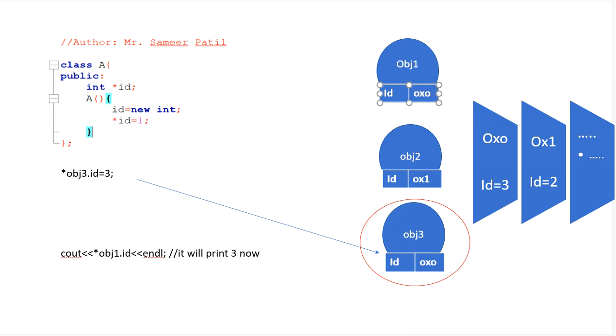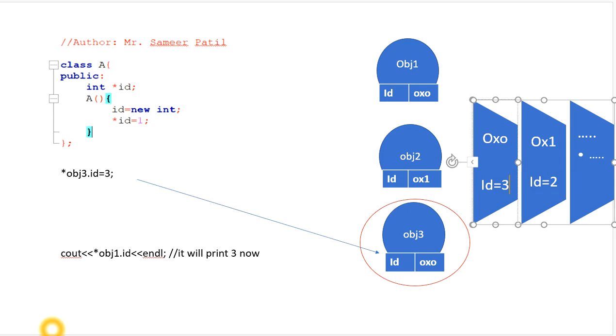So when you modify *object3.id equal to 3, it refers to the memory in the heap and modifies the value of id to 3. Now what will happen if you print object1.id? It will print 3 now. Why? Because you have modified the memory at 0x0 to the value 3.